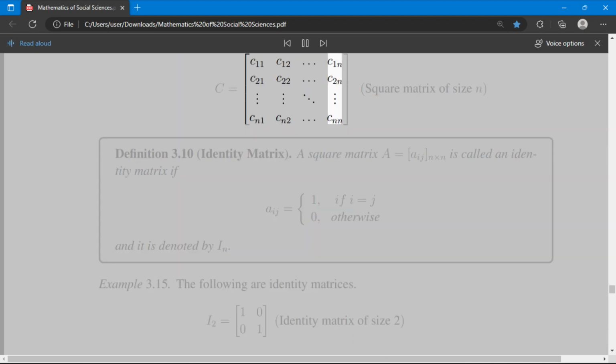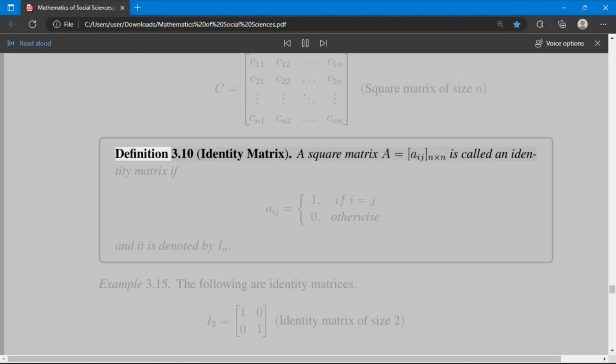C = [c11 c12 ... c1n; c21 c22 ... c2n; ...; cn1 cn2 ... cnn], a square matrix of size n.